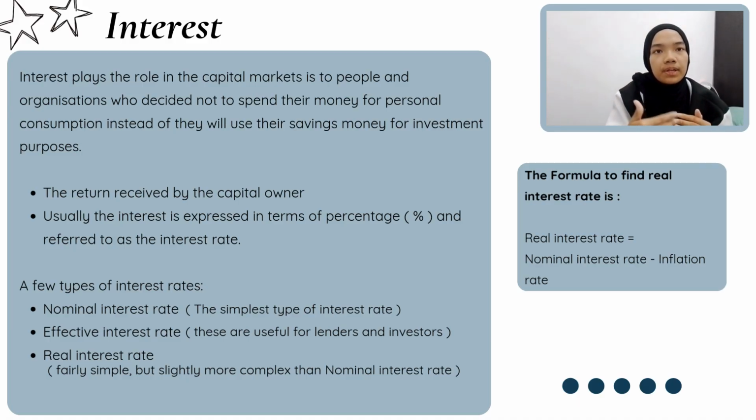For effective interest rate, they are very useful for lenders and investors, while the real interest rate is fairly simple but slightly more complex than nominal interest rate, and the formula to find real interest rate is real interest rate equals nominal interest rate minus inflation rate.